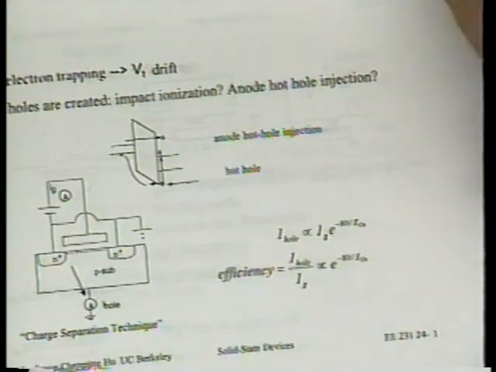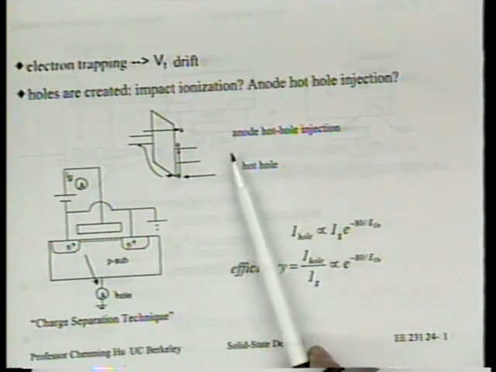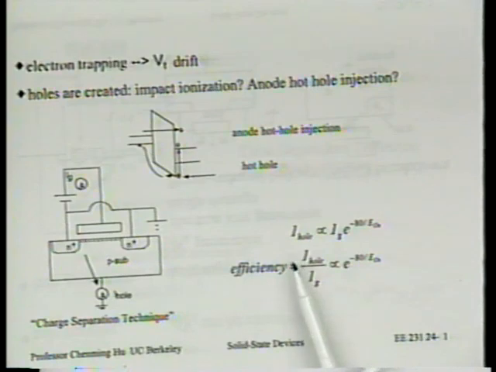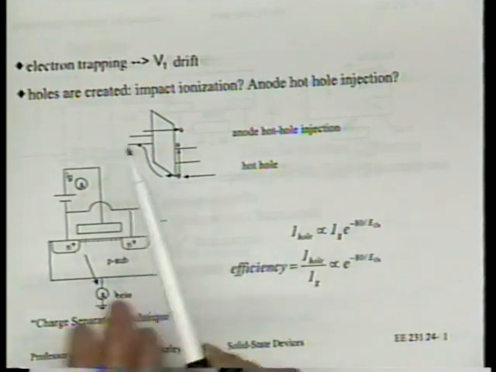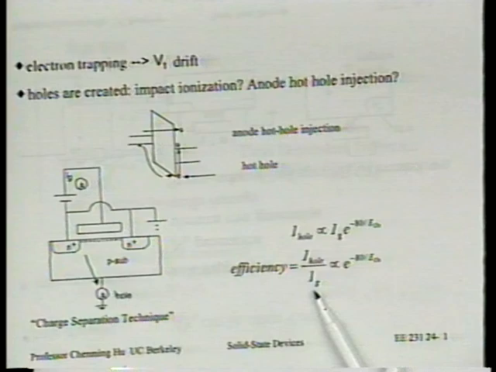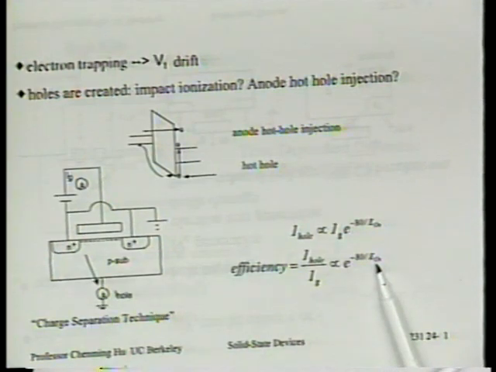Now, another thing that we mentioned last time is that as a result of the tunneling and probably because of something called anode hot hole injection, we do know that some holes are created when the SiO2 is under some applied electric field. And specifically, the ratio between the holes created and the number of electrons that tunnel through the oxide seems to follow a relationship that is a function of oxide field again.